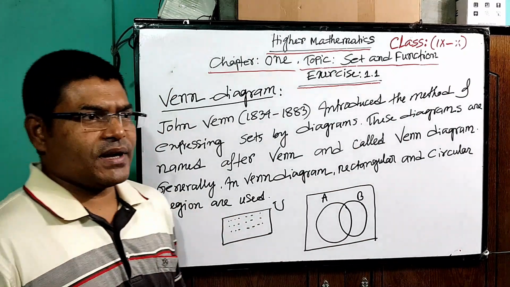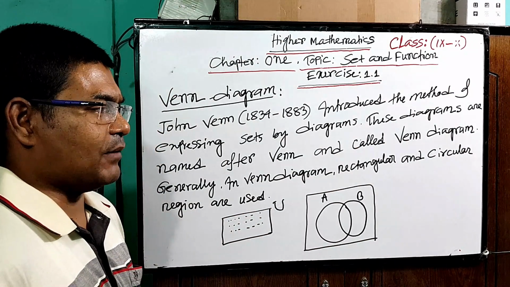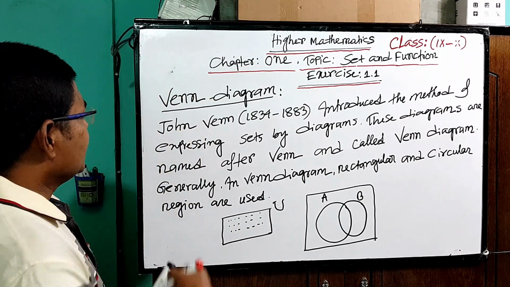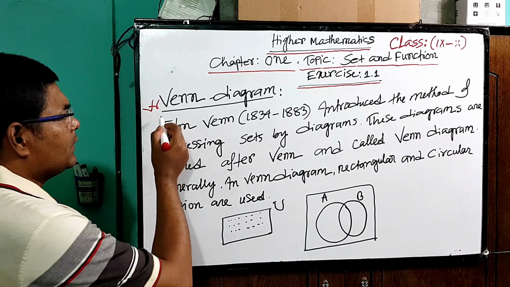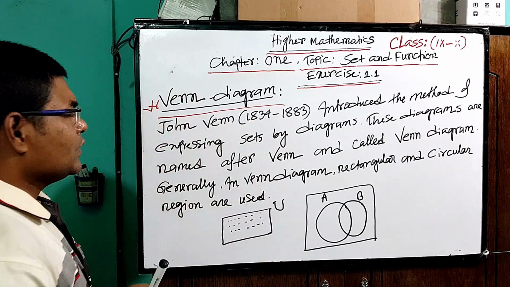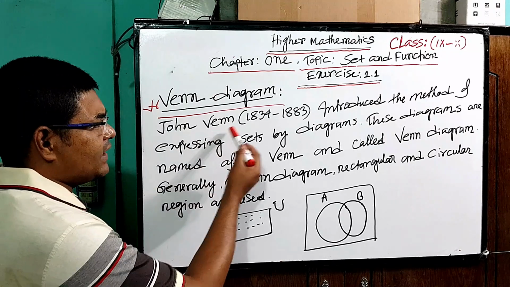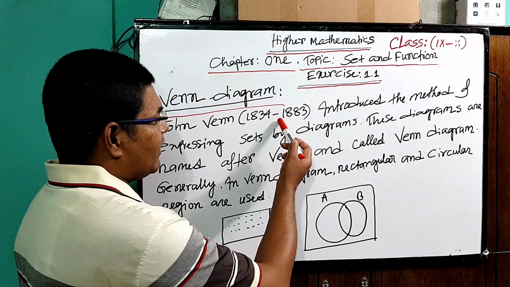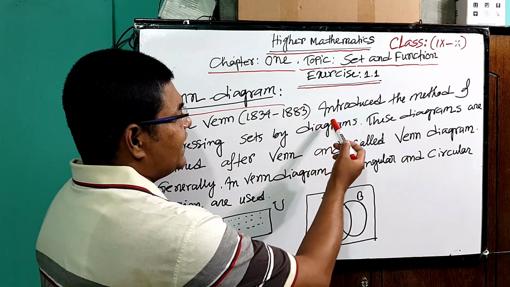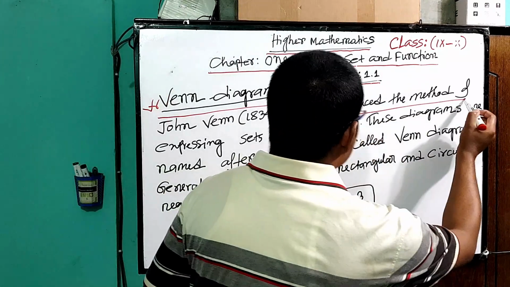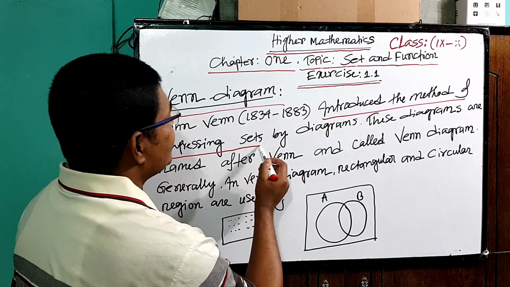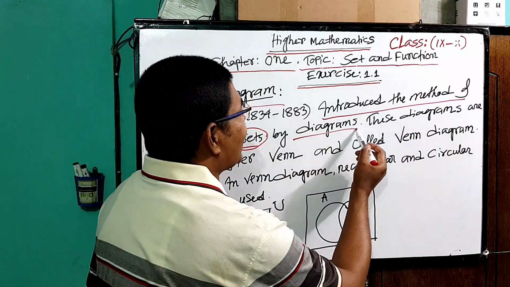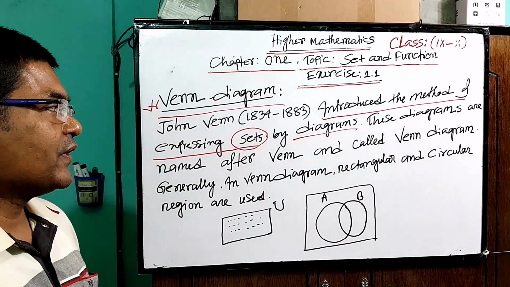Okay, let's come to another point, Venn diagram. This is also related to set. Venn is a person. Who is Venn? John Venn, 1834 to 1883, introduced the method of expressing sets by diagram.